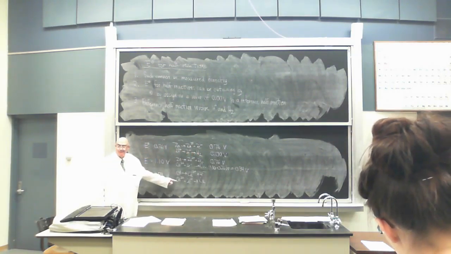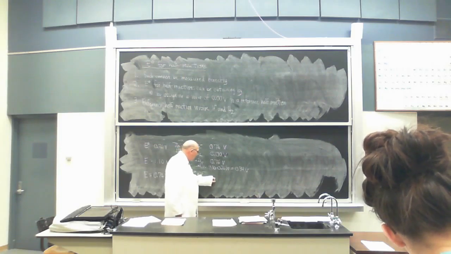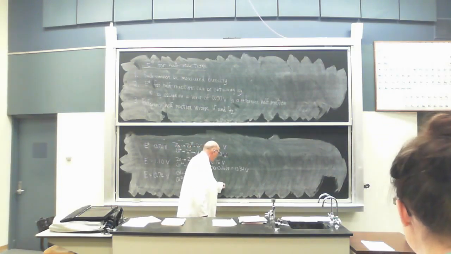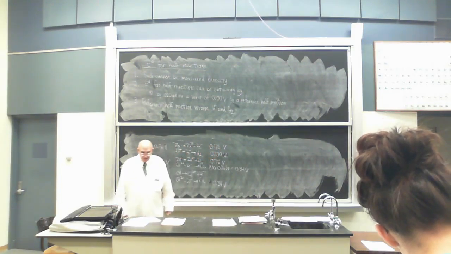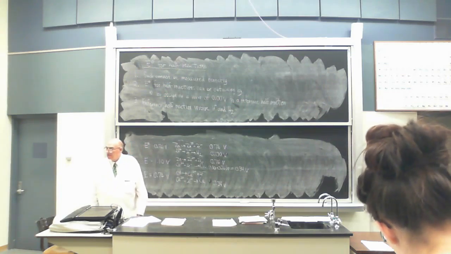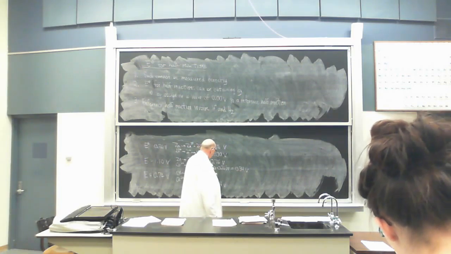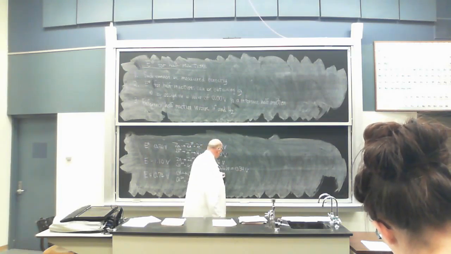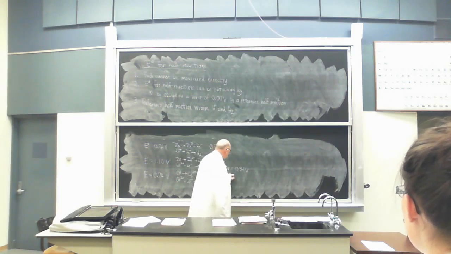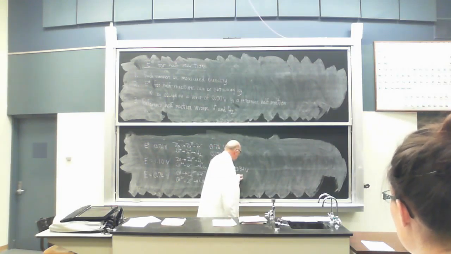Now this one's got copper in it. So now we know copper is 0.34. So what does cadmium have to be? Cadmium is 0.74 minus 0.34, and that is equal to 0.40 volts.